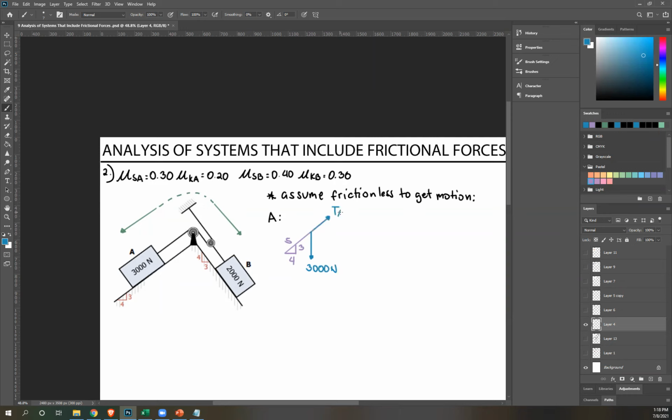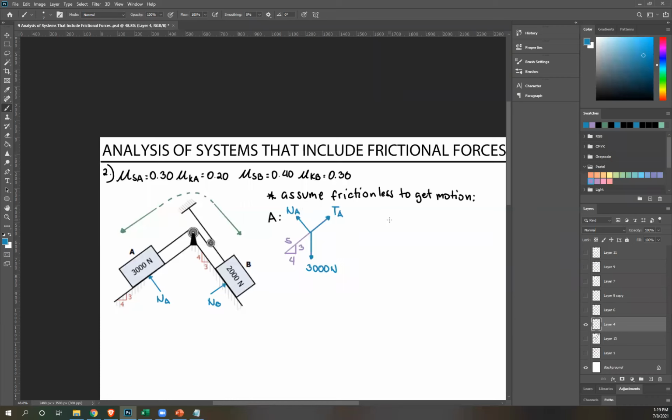Let's call that tension A. Then what else do we have? We have normal force here, right? As well as here. So NA here, perpendicular. So that's our free body diagram.